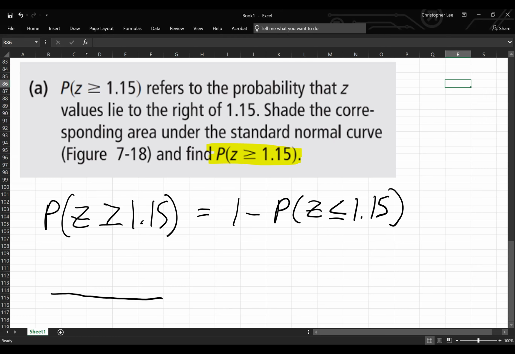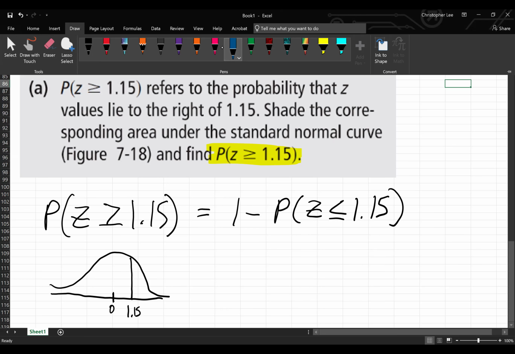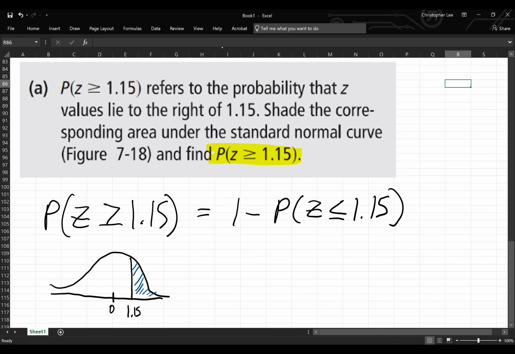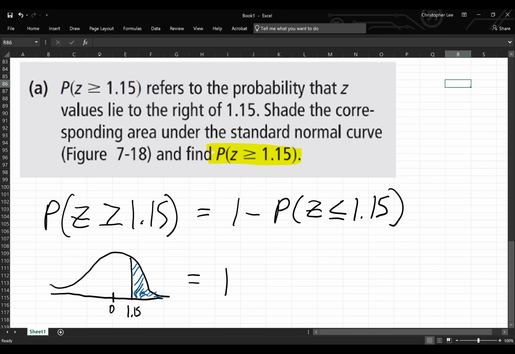Let's draw it out so you can visually see what I'm talking about. Remember that in the middle is 0 right here. So 1.15 is something like right here. I'm fancy, so I like to use colors. I'm talking about this area right here. And then what do I want to do? I want to do one. For one, I mean the whole distribution. Let me draw it out.